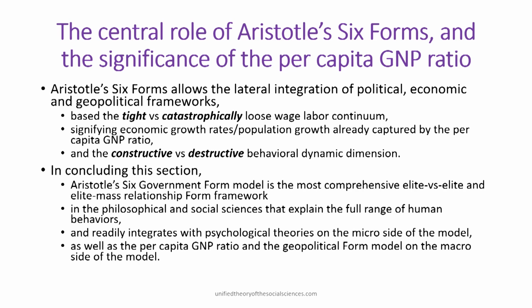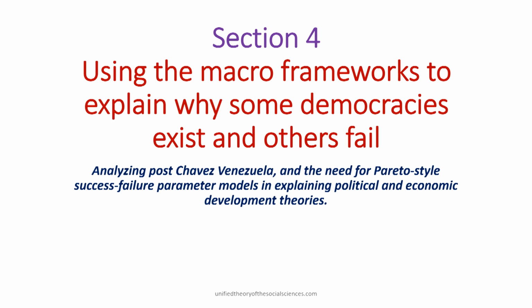In concluding this section, Aristotle's six forms of government models the most comprehensive elite versus elite and elite mass relationship form framework in the philosophical and social sciences that explains the full range of human behaviors and readily integrates with psychological theories on the micro side of the model and per capita GDP, economic and geopolitical forms on the macro side of the model.